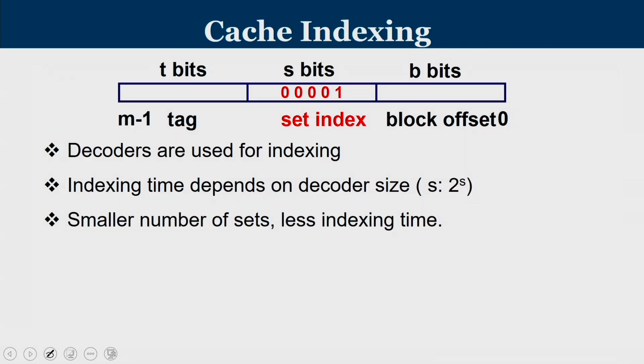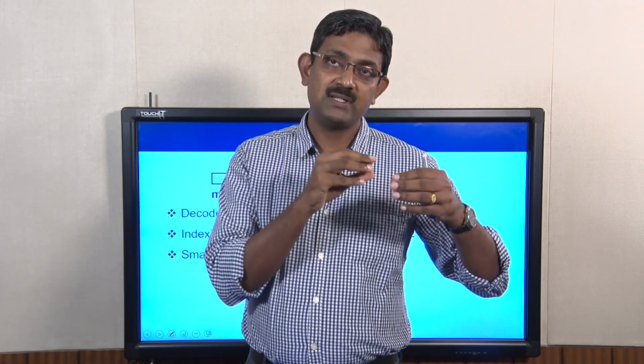To summarize, we have learned about direct mapped cache, set associative cache and fully associative cache and their functioning. The set index is used to localize your search inside the cache memory, so in a cache we are not going to search the entire location.